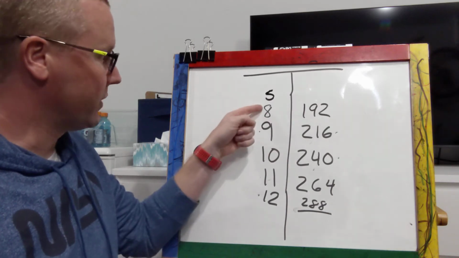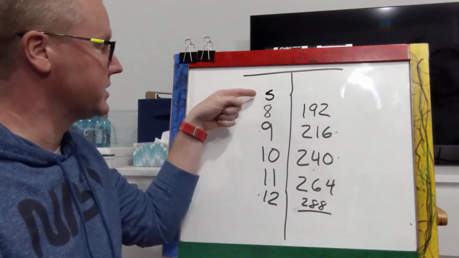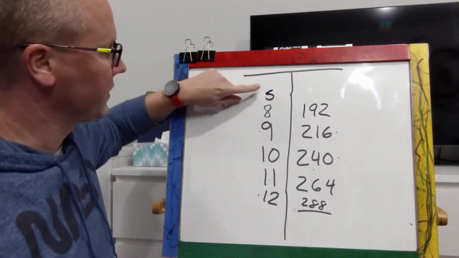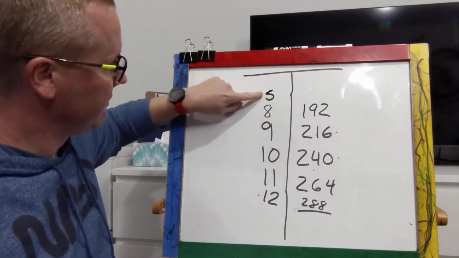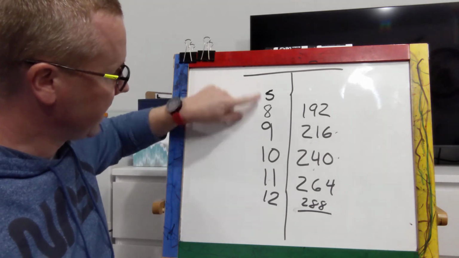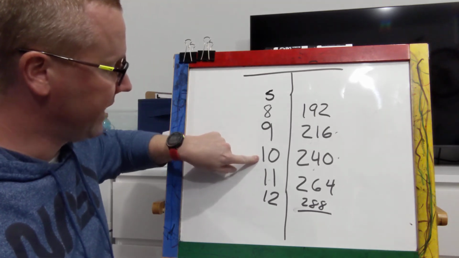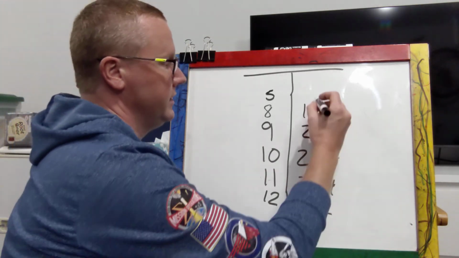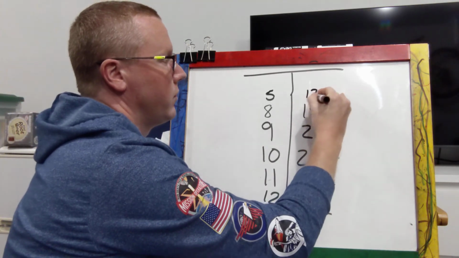Well, I could minus 24 to get 7, minus 24 again, and keep minusing 24, or I could look for clues in my table here.